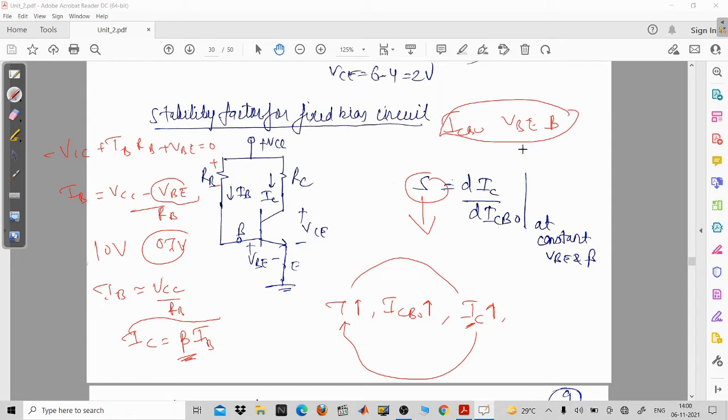Then S prime will be with respect to VBE, and this will be S double prime. The most important one is ICBO, because ICBO has a significant effect on IC. So S will be defined as the rate of change of collector current with respect to ICBO, and you have to keep the other two parameters constant. We are not replacing any transistor, and VBE is not changing.